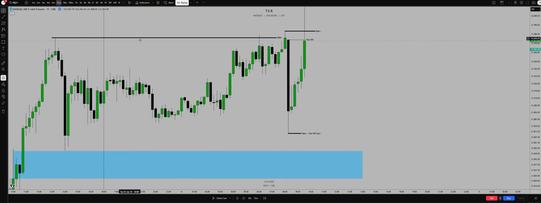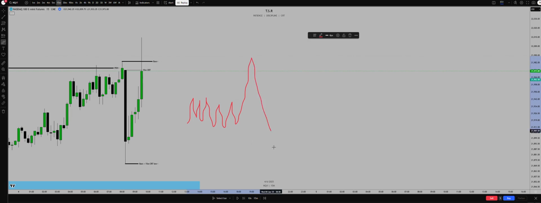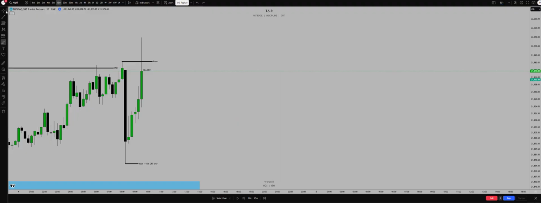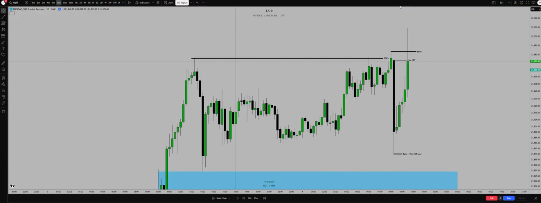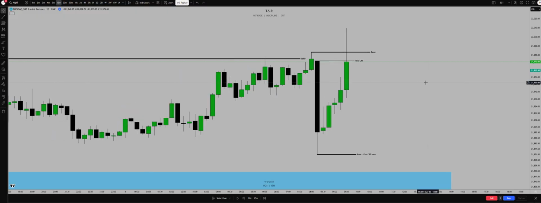Consolidating for a while with a high there. Wouldn't that look like this? Consolidation, manipulation, distribution, right? Power of 3. 1, 2, 3. Excuse my drawings. They're terrible, but it is what it is. That's the power of 3. Accumulation, manipulation, distribution. Let's see what happens, though, if that makes sense, okay?